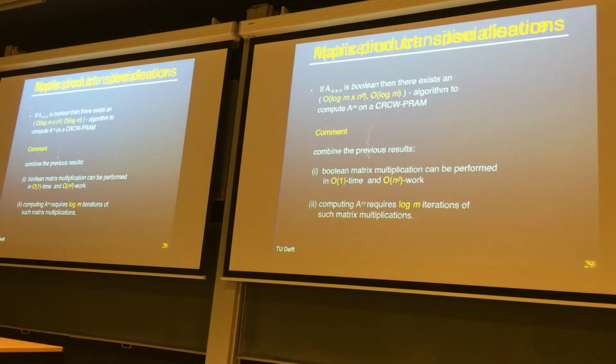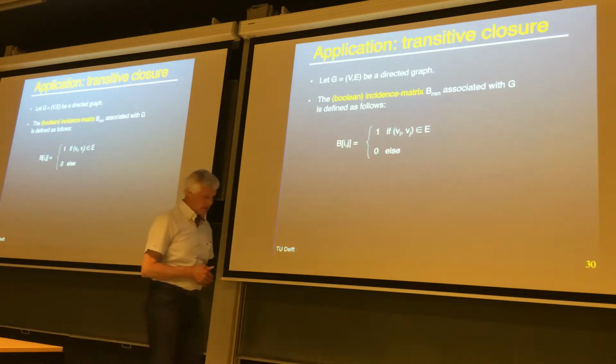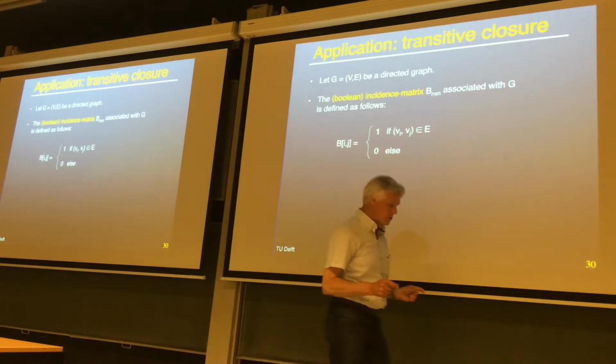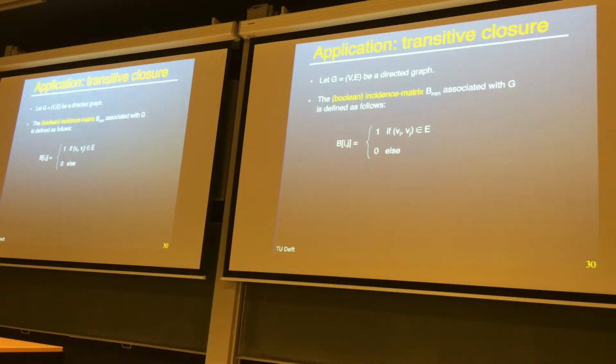Let me give you a very small application of this kind of matrix multiplication, of finding the power of a matrix. Consider a directed graph. And now you have the problem that you would like to find in this directed graph, given a node, the set of nodes that is reachable from a certain node.